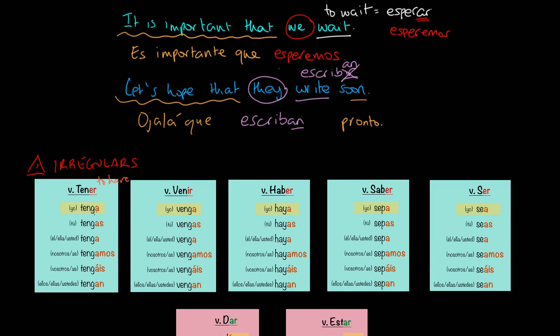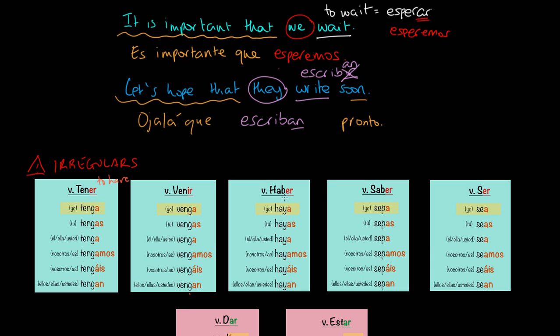Notice that this first form is irregular because it's not tena, it's tenga, but all the other forms follow the same irregular stem, and all the endings are perfectly regular. The same with venir: the first person is venga, irregular in relation to the infinitive, but all the other forms also use venga. So just repeat this stem, and the endings are perfectly regular.